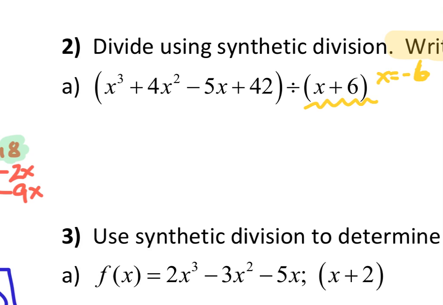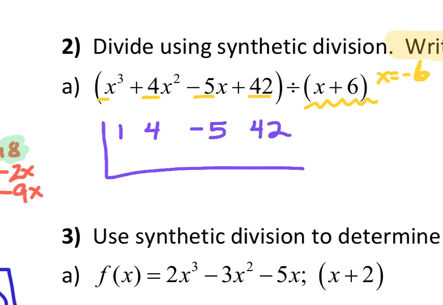And so here, my coefficients are 1, negative 5, and 42, and there's no quote-unquote missing coefficient. You've got x cubed, x squared, x to the first, and no x in the terms successively, so you don't need any 0 placeholders.